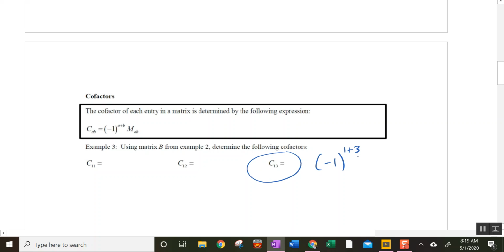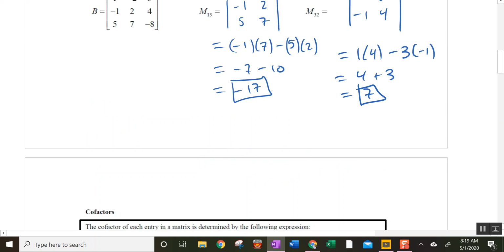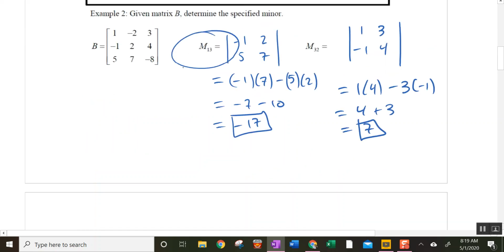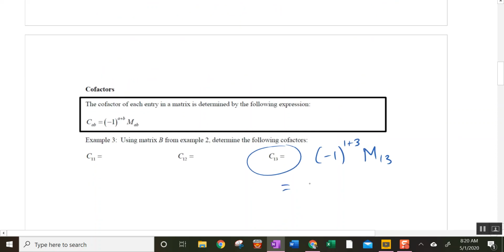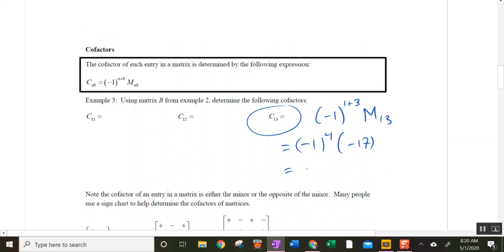And then we already evaluated the minor 1, 3 up here. Minor 1, 3, we got a value of negative 17. So I'm going to say this is negative 1 to the 4th times negative 17. Negative 1 to the 4th is obviously 1. So this is simply negative 17.